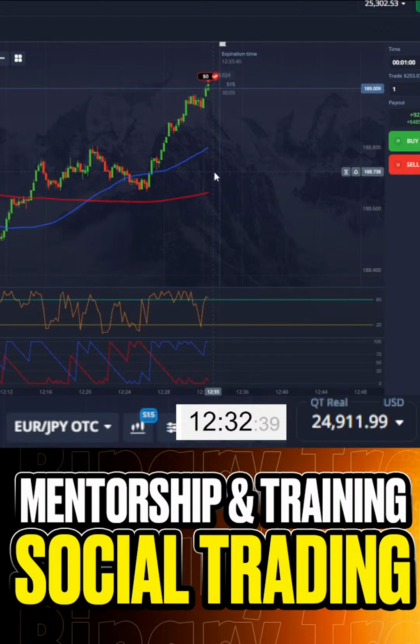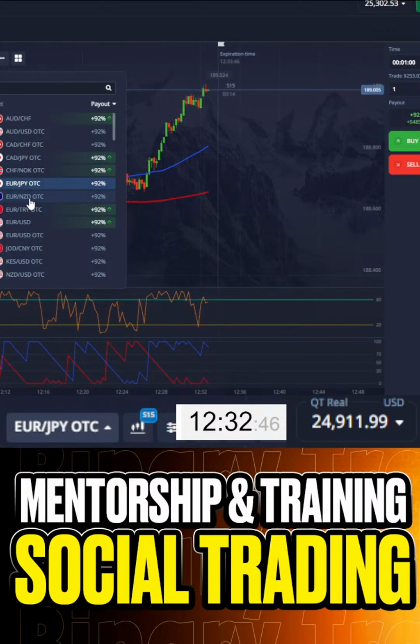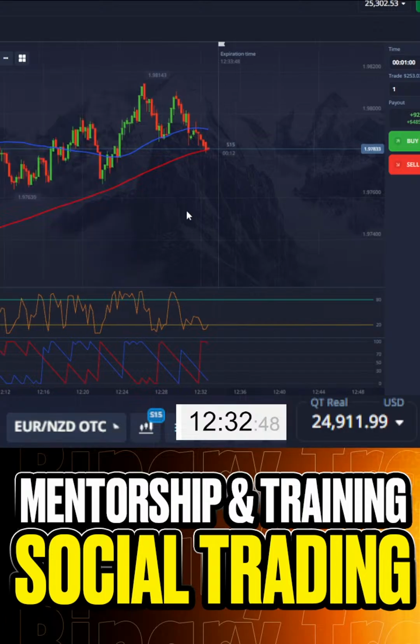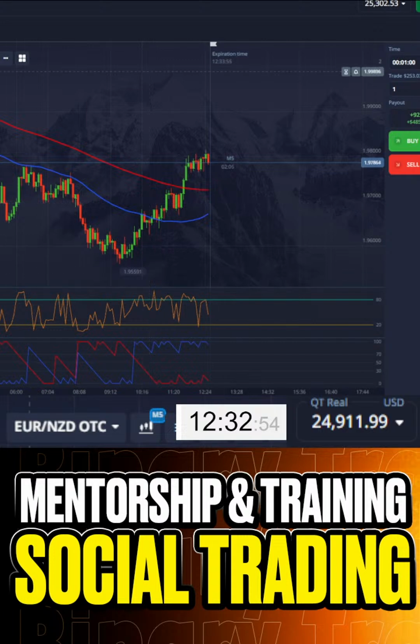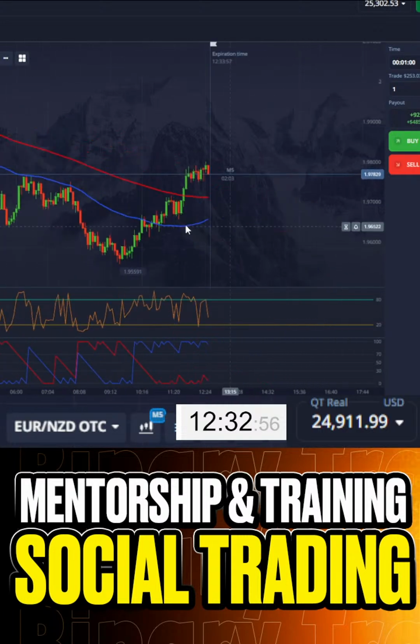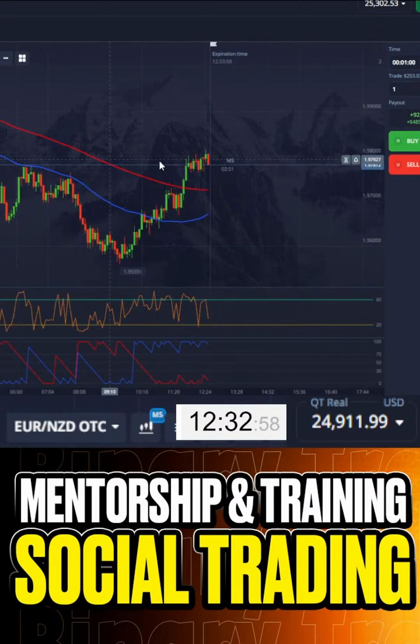Okay, no problem. Anyway, weighing pluses and losses, this is part of trading. Let's give it a try with some other one. Oh, very nice situation, very good, but this is S15. We need to see it as M5, the downward trend, right? But we see that here is a very important level.